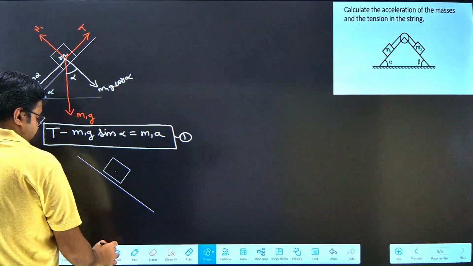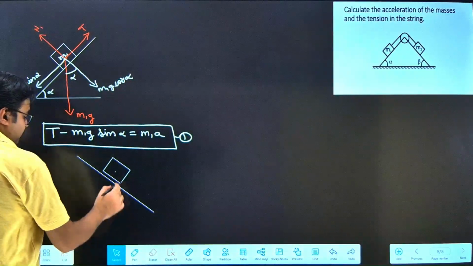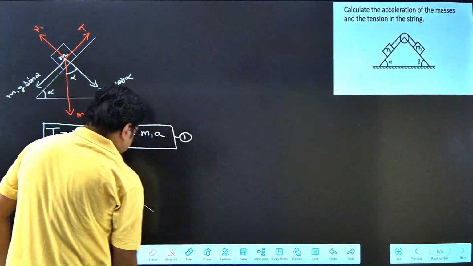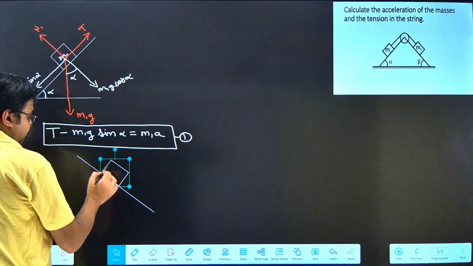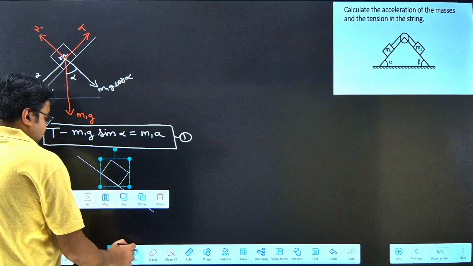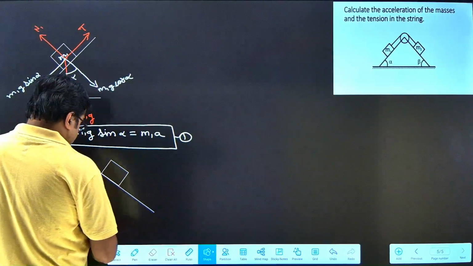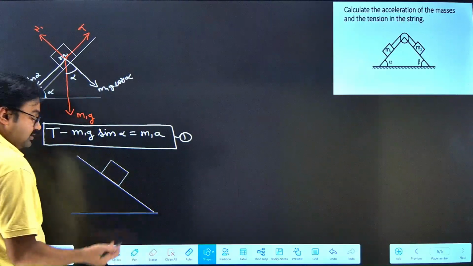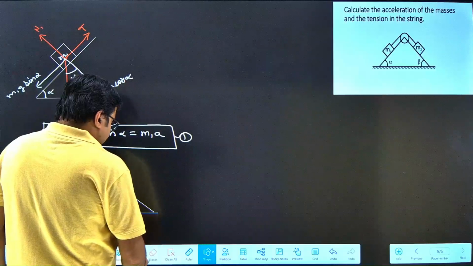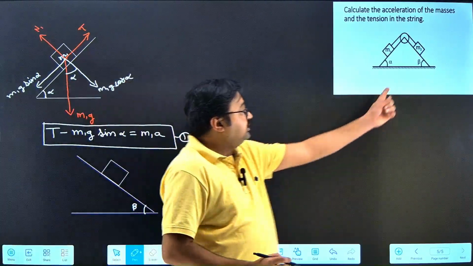I want to just keep this particular box on this one, okay, now it's good, right? So in addition to that, there is the horizontal. Let me mark this angle as beta because that's what the question says, it's beta.